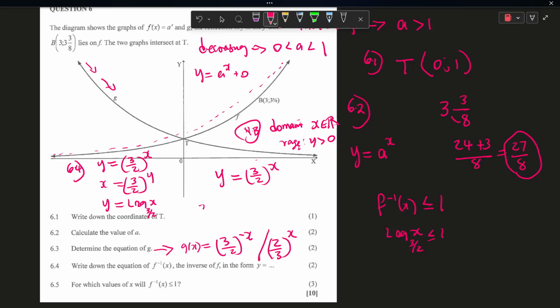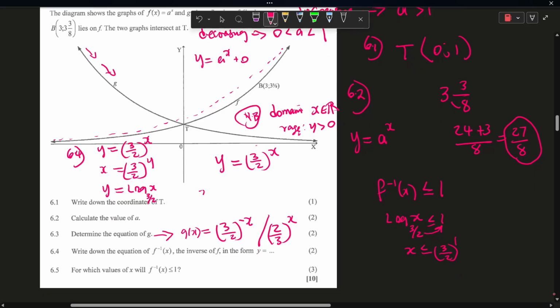Note that, learners, I told you, this number here carries this one. So x is less than or equal to 3 over 2 to the power of 1, which is the same as 3 over 2.